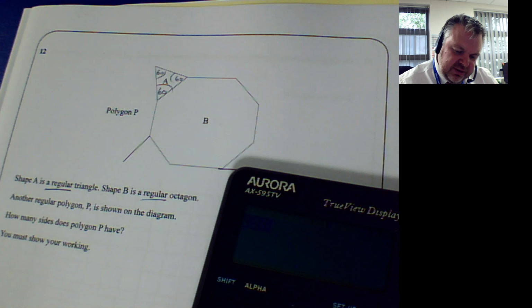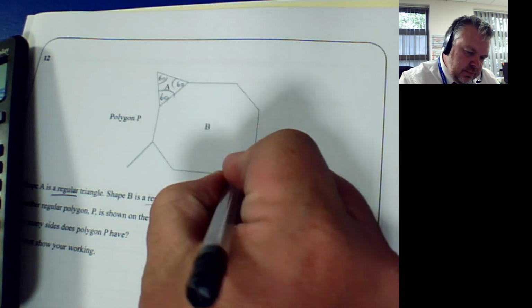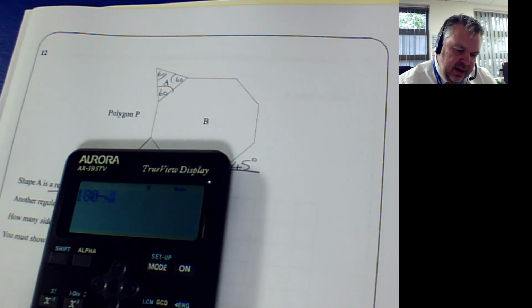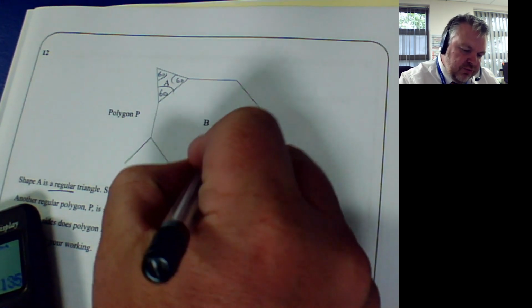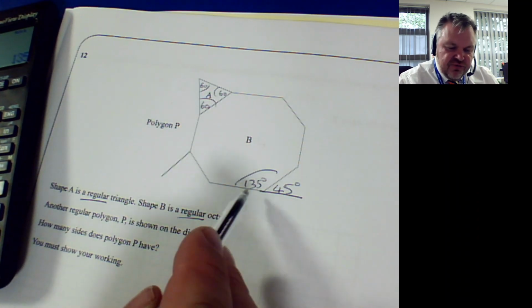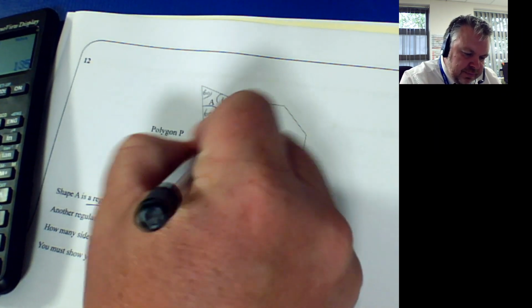I'm going to do 360 divided by 8, and that gets me 45. And then I'm using angles on a straight line. So my angles on a straight line fact, 180 minus 45 gets me 135 here. Okay, so if this is 135, because this is a regular shape, this bit up here must also be 135.